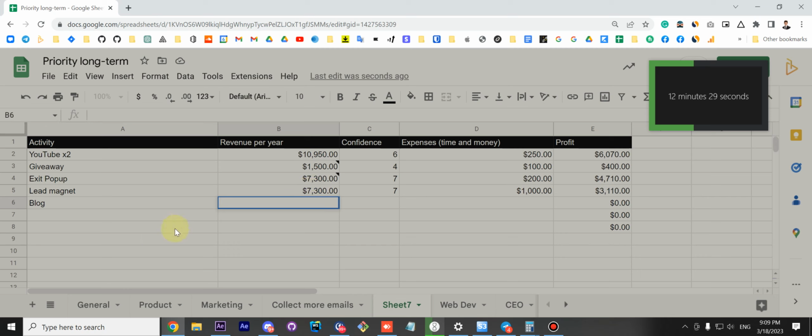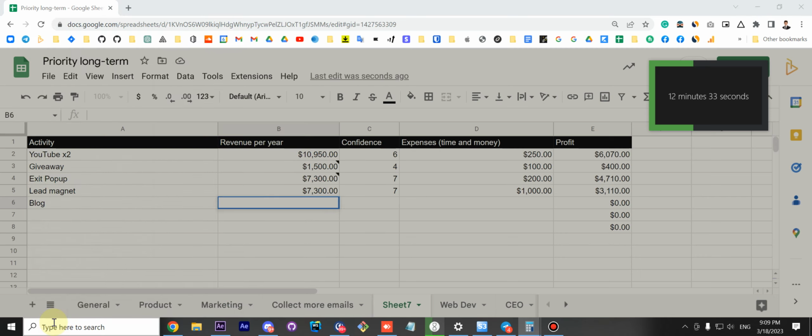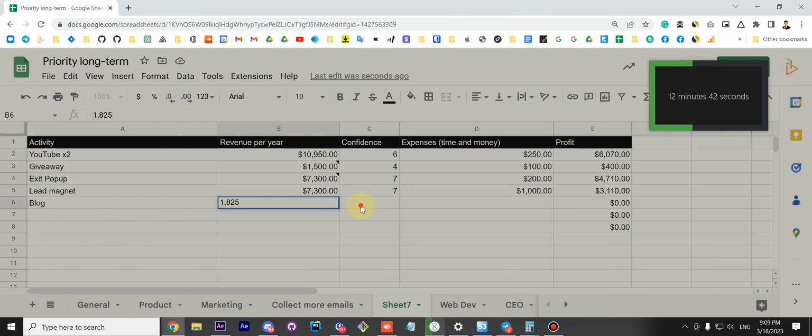If you increase it by double, it's still irrelevant compared to other activities you could do. So let's say you're pretty confident and it would take a lot of your time for sure, like blogging.